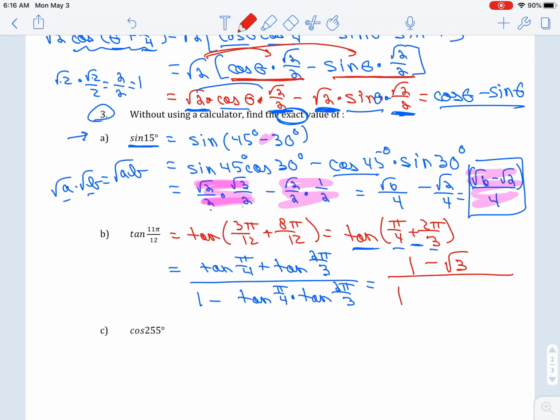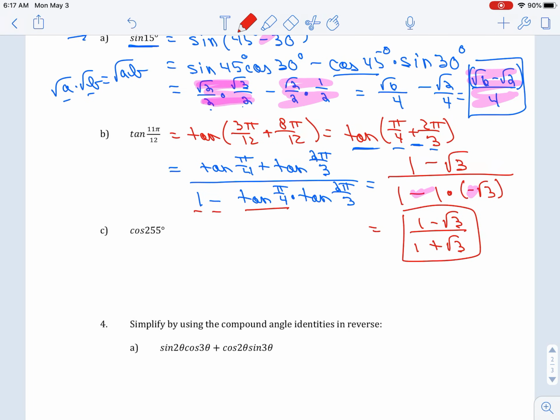And then down here I'm going to get 1 minus, for this formula, and remember the tangent of pi over 4 is 1 times negative square root of 3, and so this is going to simplify to 1 minus the square root of 3 over 1. This is a negative times a negative right here, so we're going to end up with plus the square root of 3, and that's the final answer for the tangent.